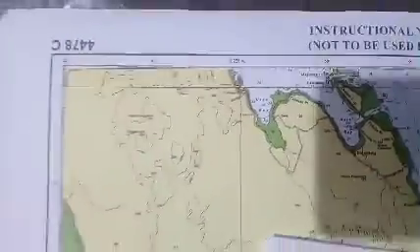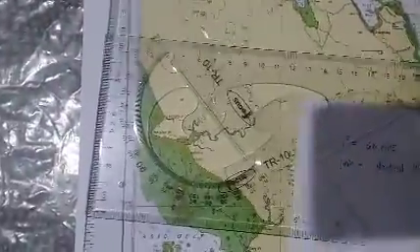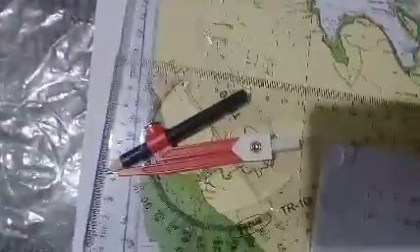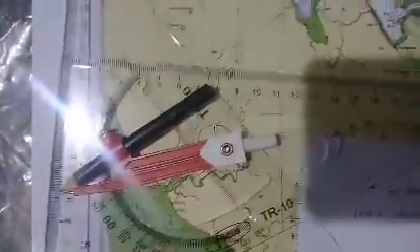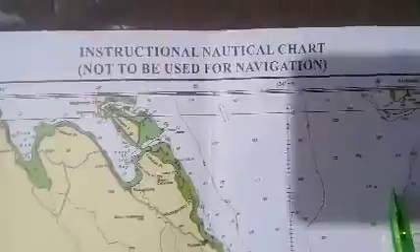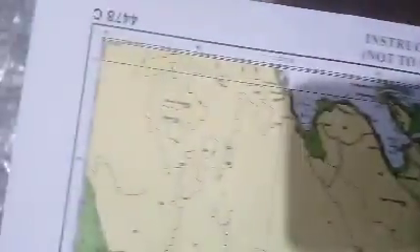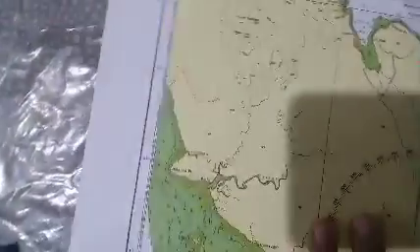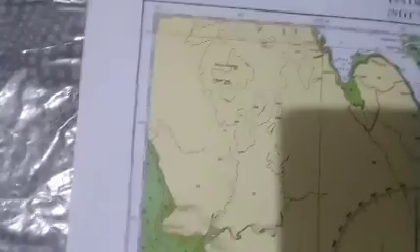You need to use navigational instruments such as these triangles and this compass divider, as well as the longitude. Okay, in this latitude we have 12 degrees.